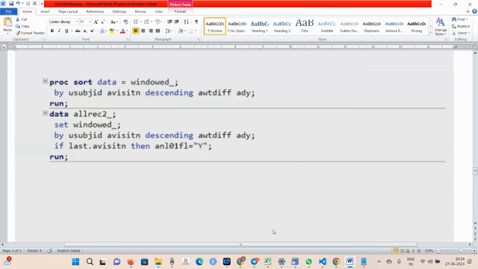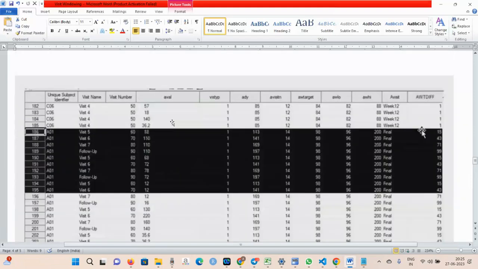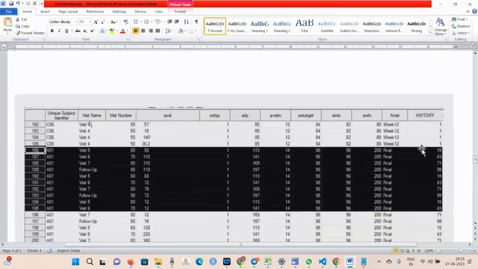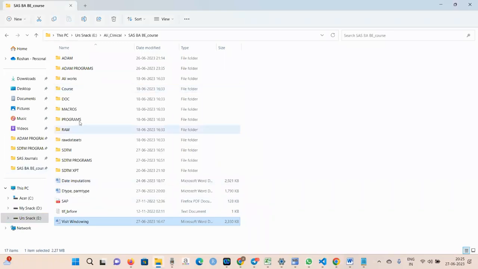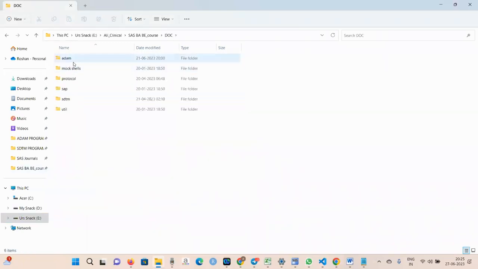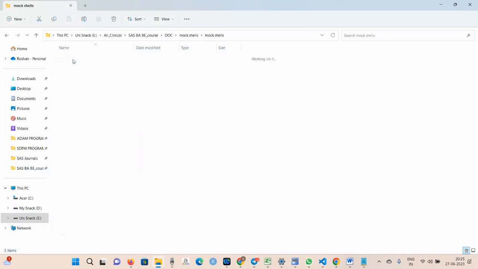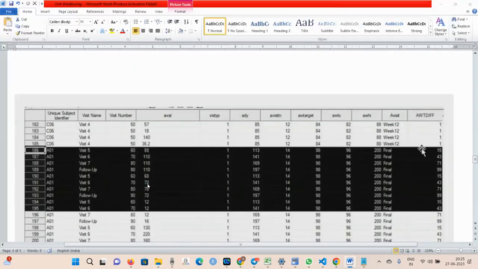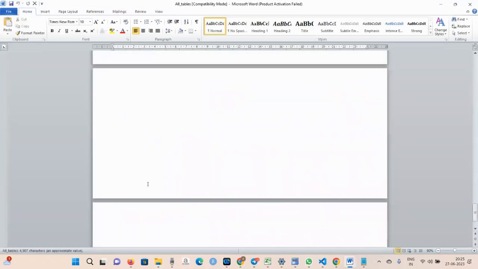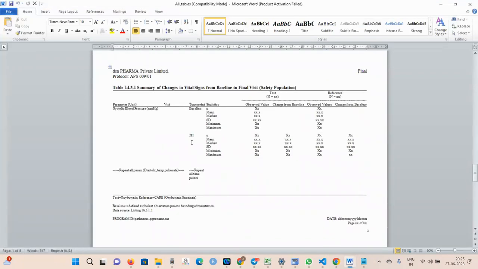Yeah. So this is one kind of patch code. You can use it in your real-time experience when you're doing the visit windowing. In general, you need to change from the visit to the week wise as per the mock shell. If you go to the mock shells, here for the visit, they haven't mentioned anything in our clinical study.